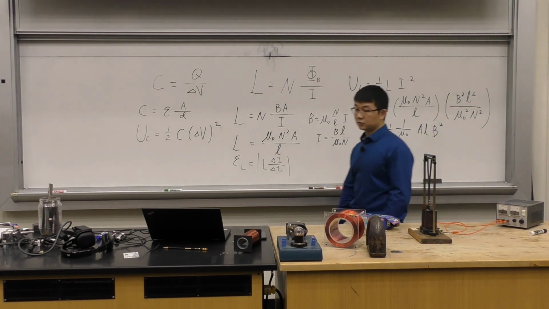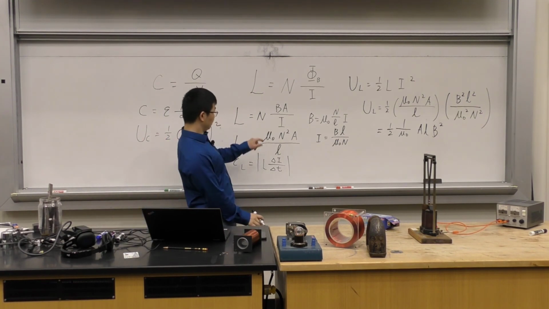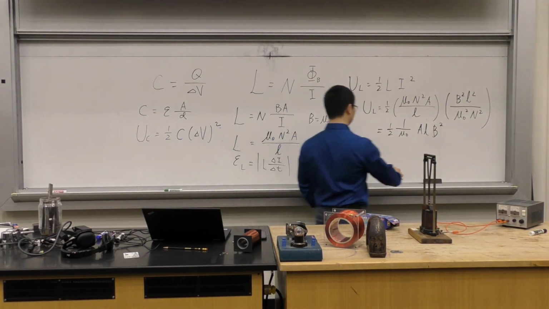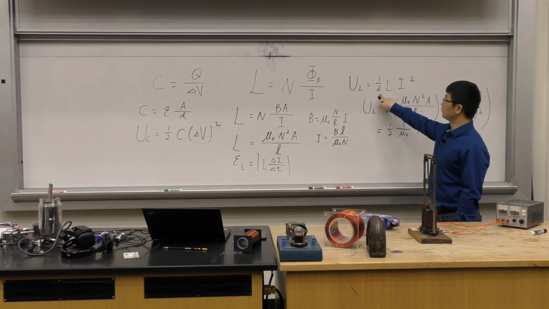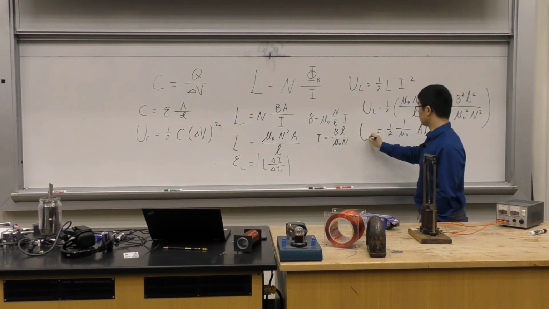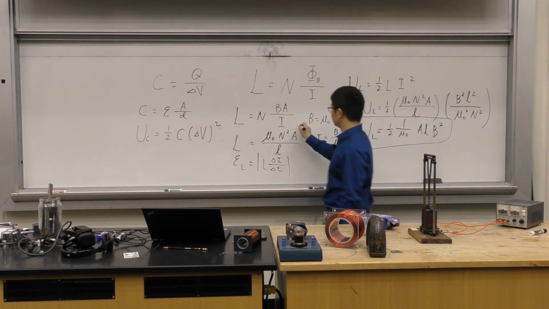Okay? So this equation is going to be for a solenoid, right? So this equation is only for a solenoid, and this equation is also for a solenoid. This is a general equation for any inductor. This equation is only for a solenoid. Okay? This is only for a solenoid, and this is also for a solenoid.